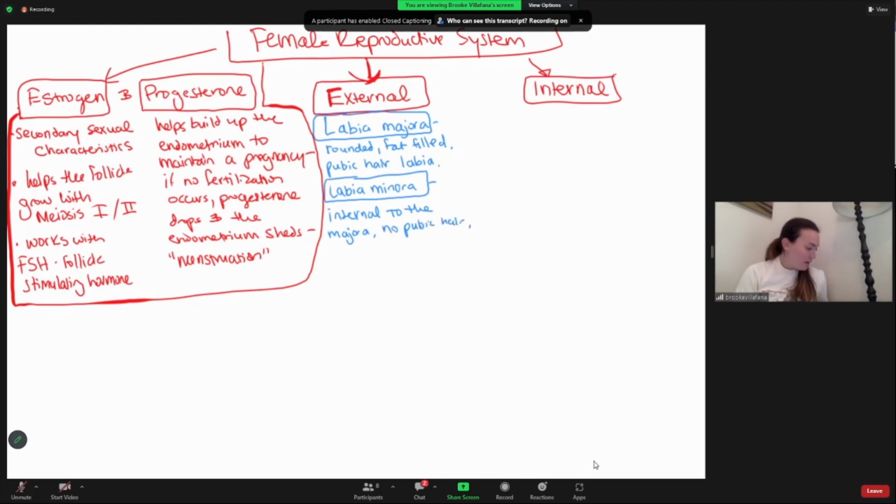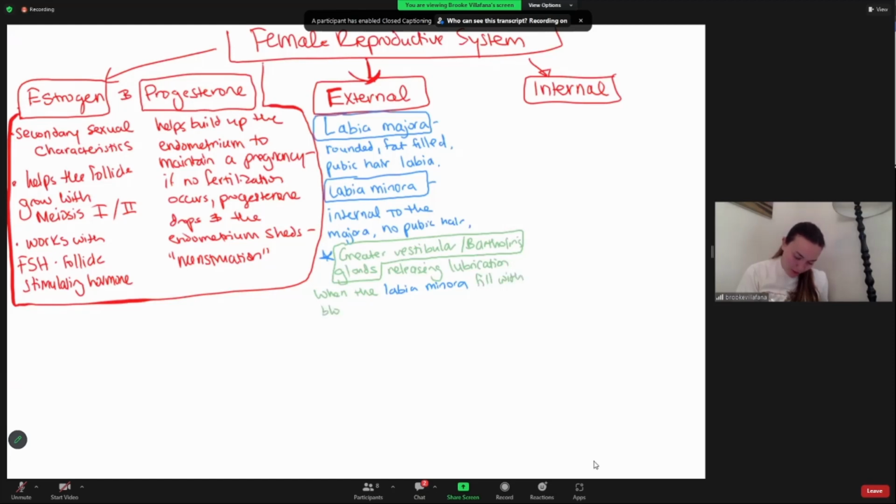And inside of the labia majora, the greater vestibular or Bartholin's glands would be found, and those are releasing lubrication when the labia minora fill with blood during arousal, right?